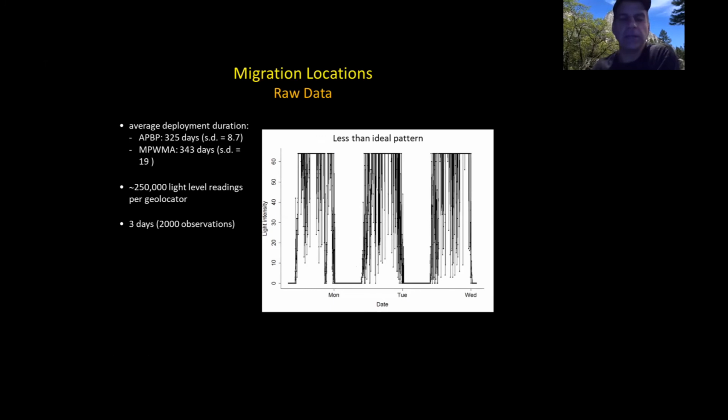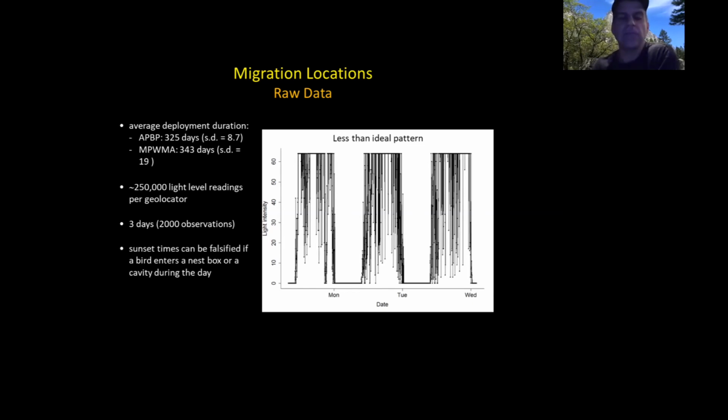Sometimes we have something less ideal that looks like this. What's going on here? We have lots of downward spikes during the day. That could be due to shading from vegetation, or it's possible that the wings occasionally cover the sensor. These shading events become particularly troublesome around times of sunrise and sunset. They can make it very difficult to know exactly when sunrise and sunset occurred.